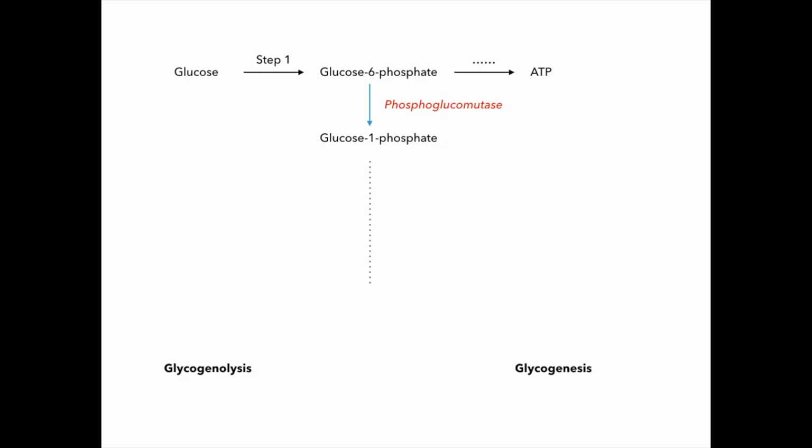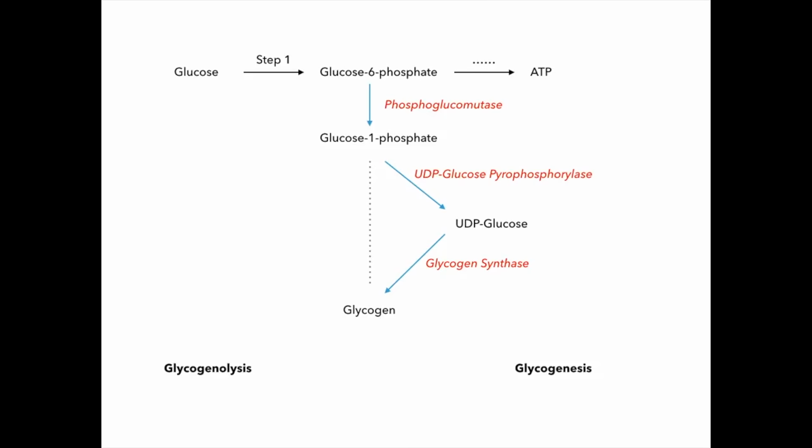Now, the next step is converting that glucose 1-phosphate into something called UDP glucose. So imagine you have this glucose molecule, and then a UDP literally gets stuck right on top of it. That is catalyzed by the enzyme UDP glucose pyrophosphorylase, and then taking UDP glucose and turning it into glycogen is catalyzed by the enzyme glycogen synthase.